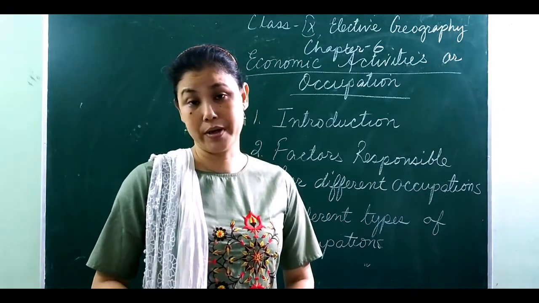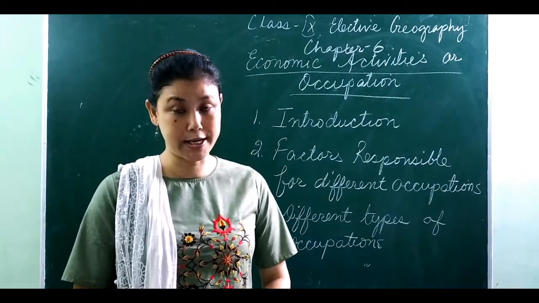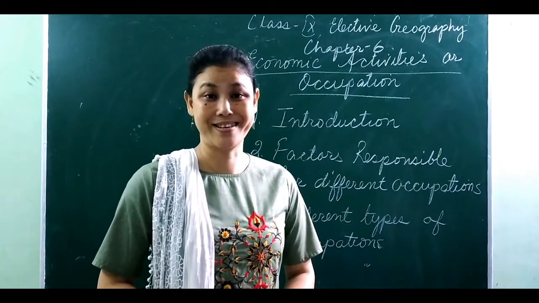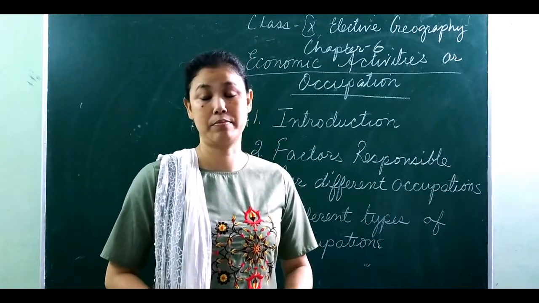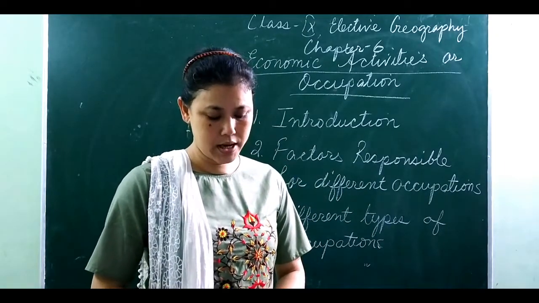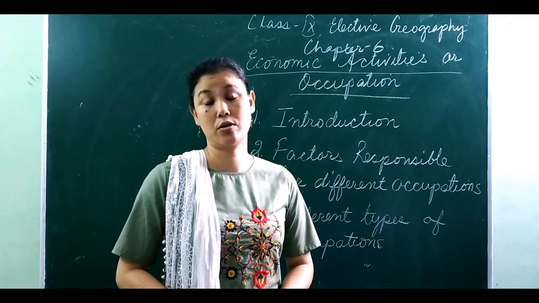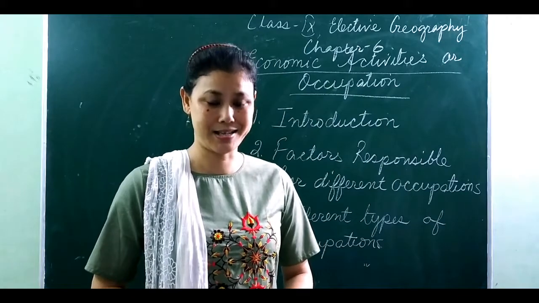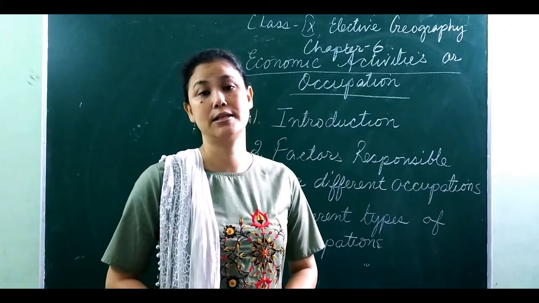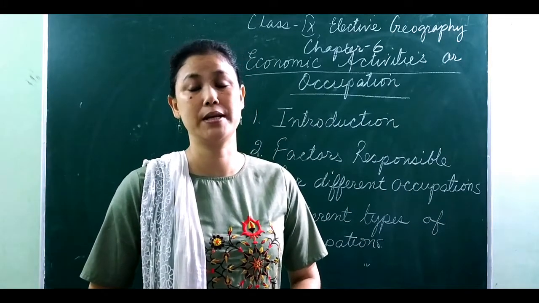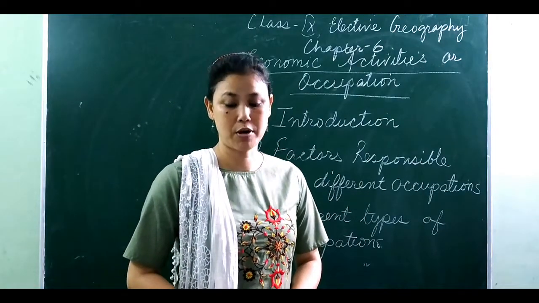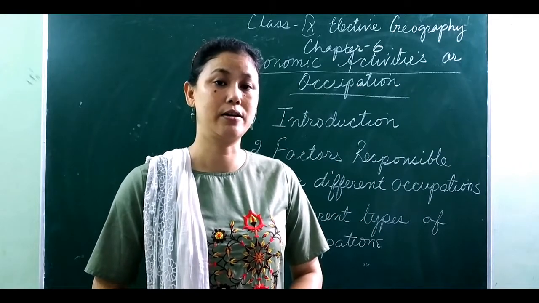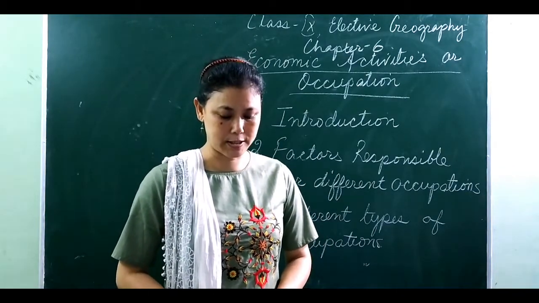And so we can see that in certain areas, people generally follow agriculture as a primary occupation, and in some places it's livestock rearing in those areas which have grasslands. And then in some places, like in the forest, the economy is based on the forest products. So we can see that different types of economic activities are performed in those places.